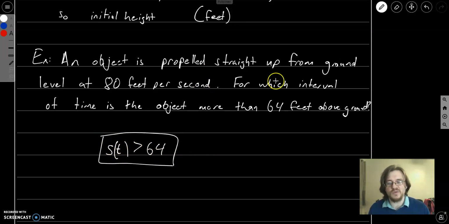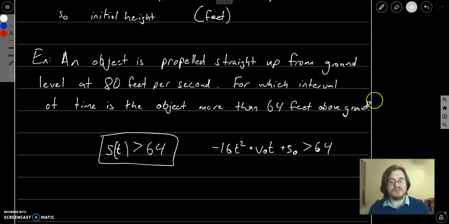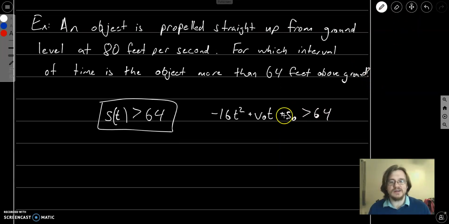However, we know what s of t is. This is going to be negative 16 t squared plus v naught times t plus s naught is going to be greater than 64. And again, we have a little bit more information as well. V naught is the initial speed, and we're going 80 feet straight up.